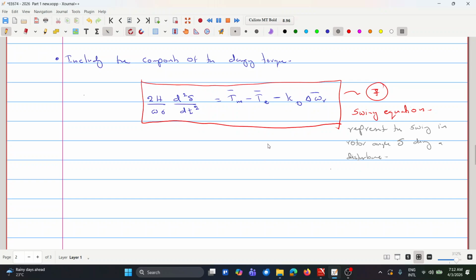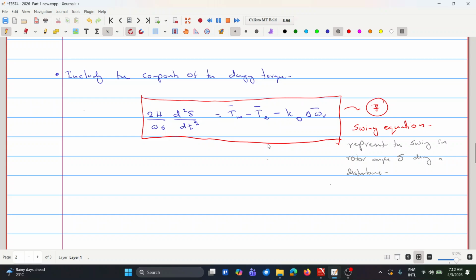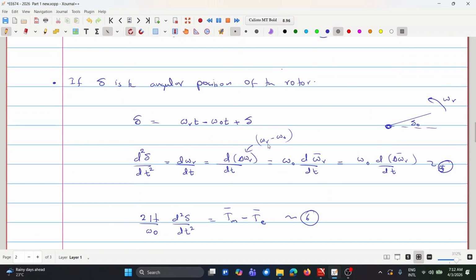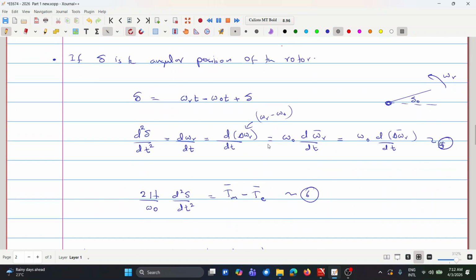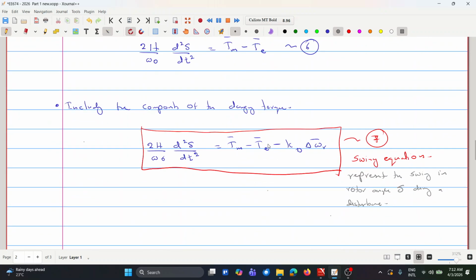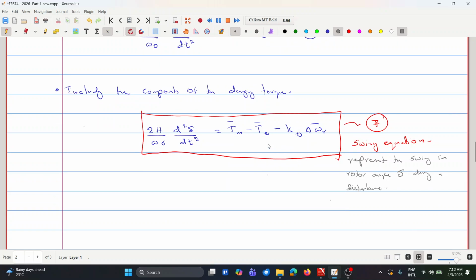EE674. So in the last part of the lecture, we derived the swing equation, and we saw how the angular position of the rotor delta varies when you have a disturbance, a change in the load, maybe due to an outage or some other reason.